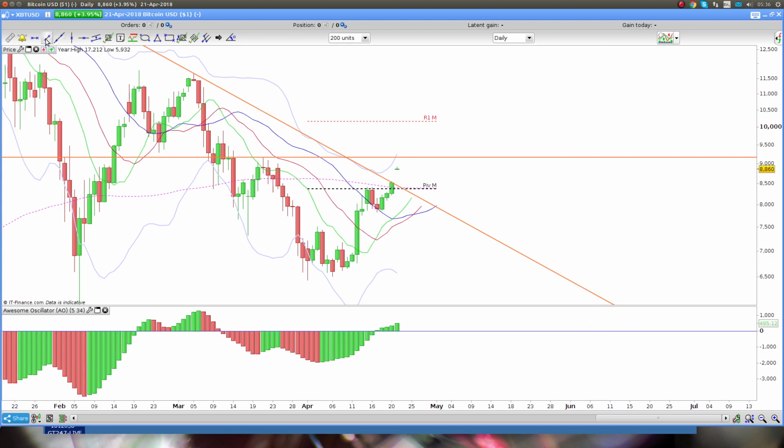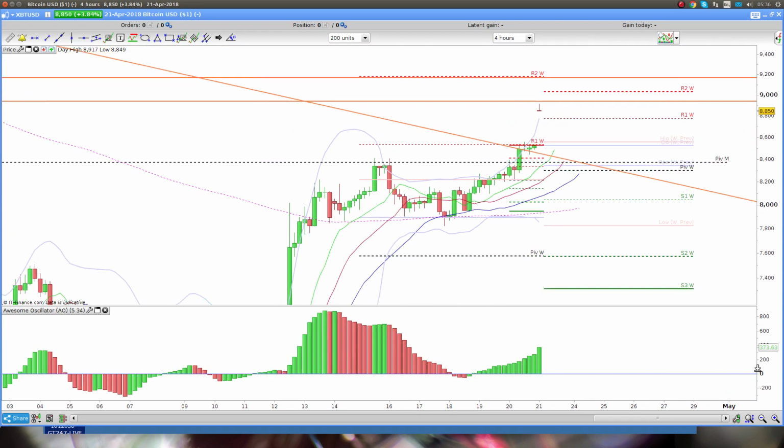But what price action dictates is we move up, we break a trend line like this, and then we would expect a retest. Okay, so a retest of this area. So if we do get a retest of this area, that would be a great buying opportunity.